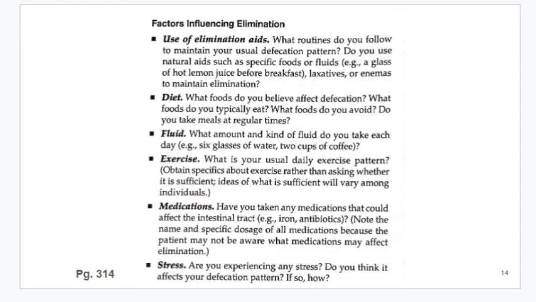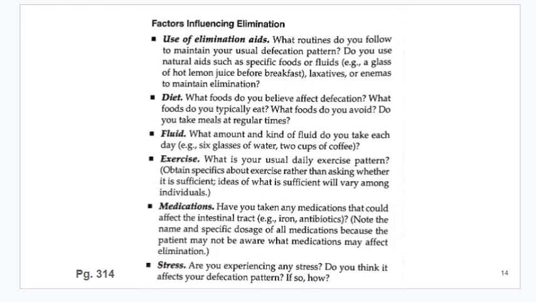Okay, some other factors that influence our bowel elimination, in a little bit more detail, are the use of elimination aids. When I think of elimination aids, I think of things your grandmother would tell you to do if you're having constipation, tricks like eating dried fruit, eating your prunes.